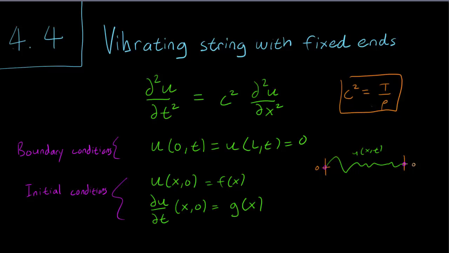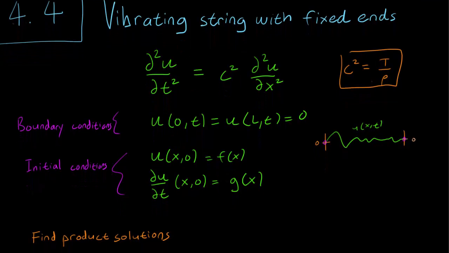So we know exactly how the string behaves in terms of its height at every point and its velocity at every point. We need two initial conditions in terms of t because we have a second derivative with respect to t in this problem. This contrasts with our heat equation, which only had a single derivative with respect to t, and that is why we only needed one initial condition.